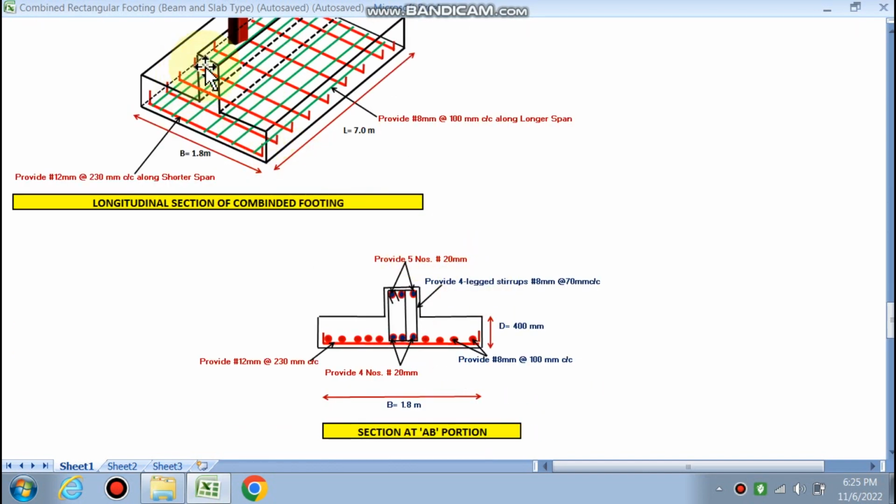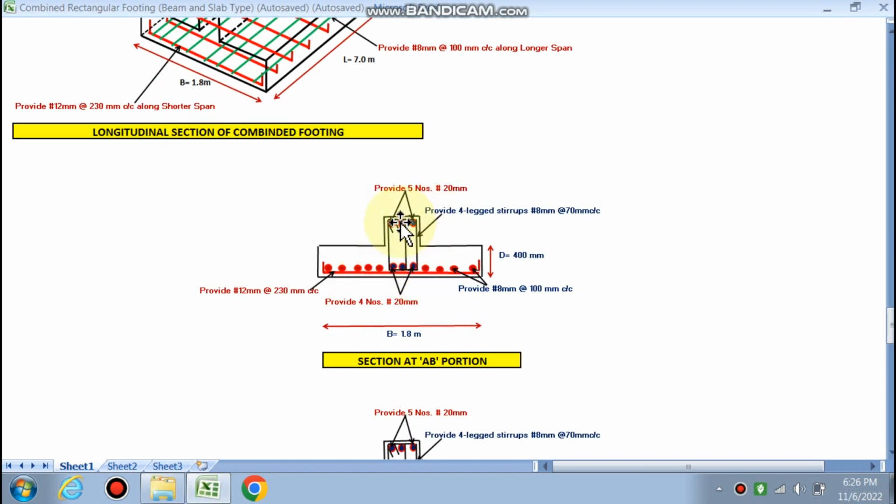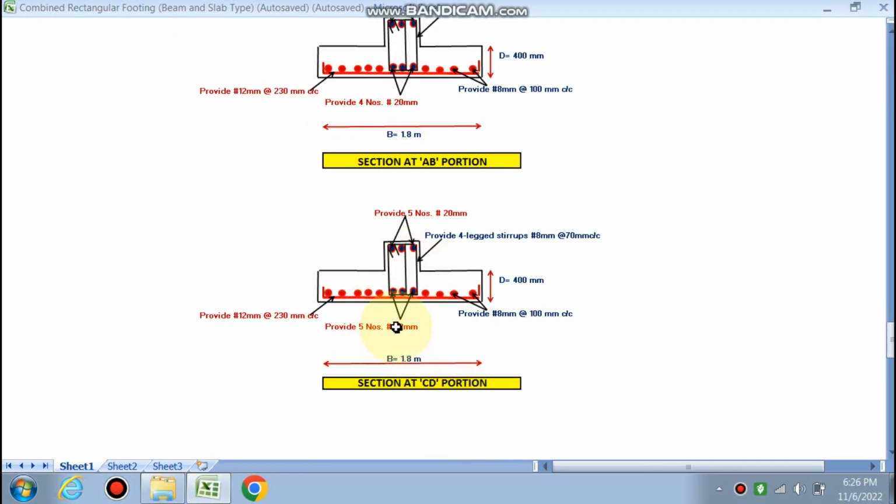And for the beam portion, this is the beam and this is the slab. In the beam portion, at the AB portion you can see that 4 numbers of 20 mm are required in the bottom portion, 5 numbers are required at the top portion throughout, and for the CD portion 32 mm, 5 numbers are required, and this is the same, right.